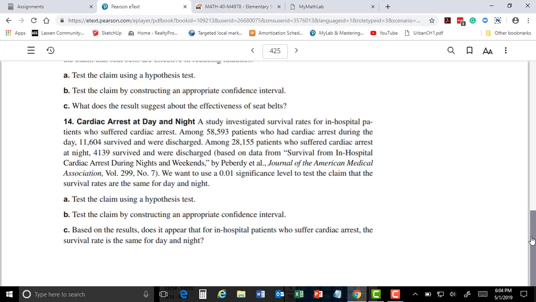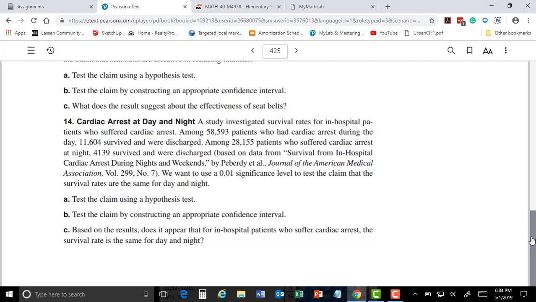Okay, so the survival rates in hospitals for those who suffered cardiac arrest: out of 58,593 who had a cardiac arrest, 11,604 of them survived. Well, that doesn't look so good, does it? Out of 58,000?